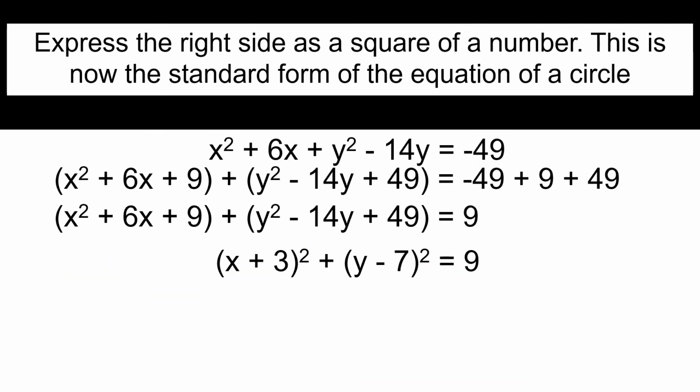And the next step, we're going to express the right side as a square of a number. This is now the standard form of the equation of a circle. So, yung nasa right side natin, 9, we're going to express that one as a square of a number. So, it will become 3 squared. Kasi 3 squared is also equal to 9.